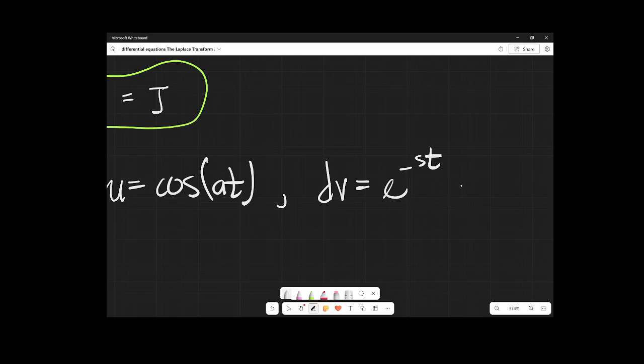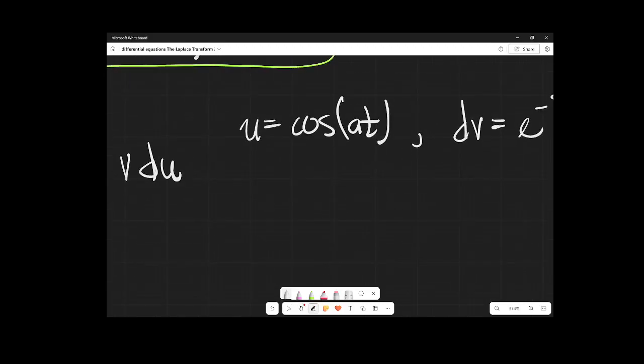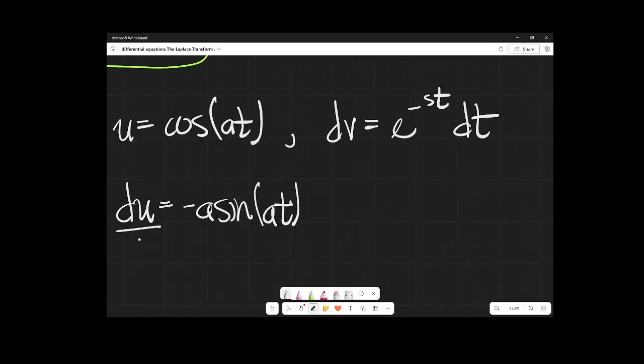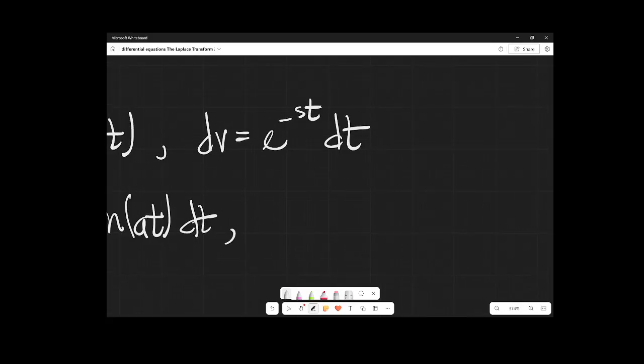That's the procedure that we use for integration by parts. du gives us negative a sine at, right? So with respect to t is like that, but then if we multiply through by dt, we end up getting this. And similarly, as in the last one, we just integrate dv to get the v, which is negative 1 over s e to the negative st.